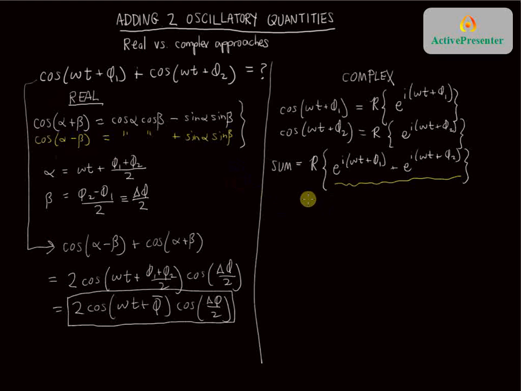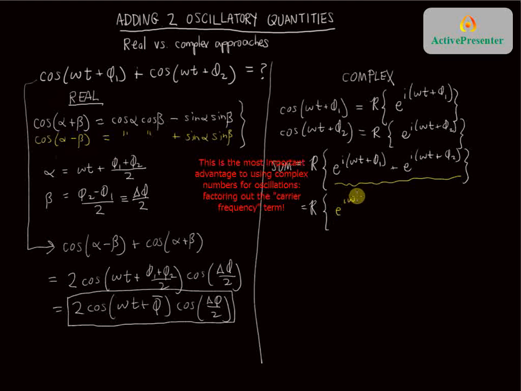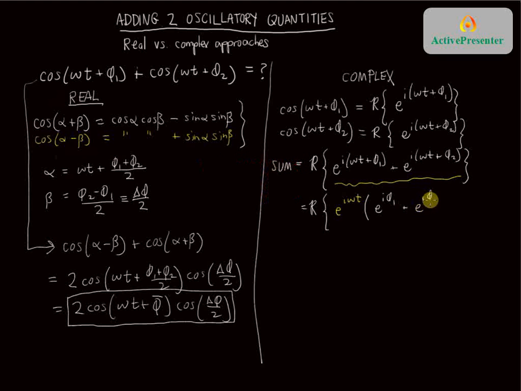And notice something really nice happens there. I'll just continue to have a real part expression here, but on the inside, what does that become? I can factor out an e to the i omega t from both terms. And what have I got left? It's times e to the i phi 1 plus e to the i phi 2. Now we still have to do a little bit of manipulation.